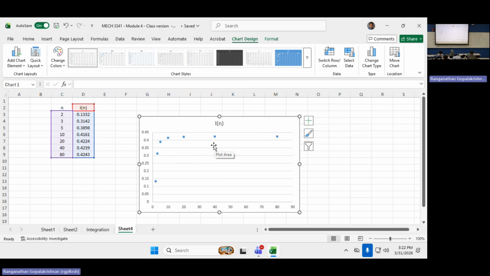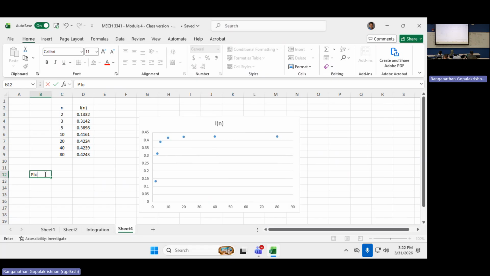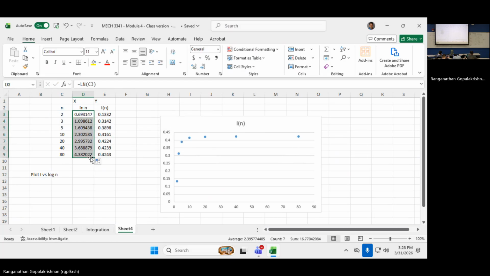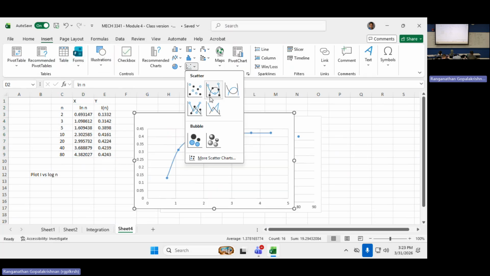Okay. So what we want to do is to plot I versus log n. Okay, log n. So then if we consider this to be x and this to be y, this is ln of n, ln of 2, and then we visualize the graph between I and log n.